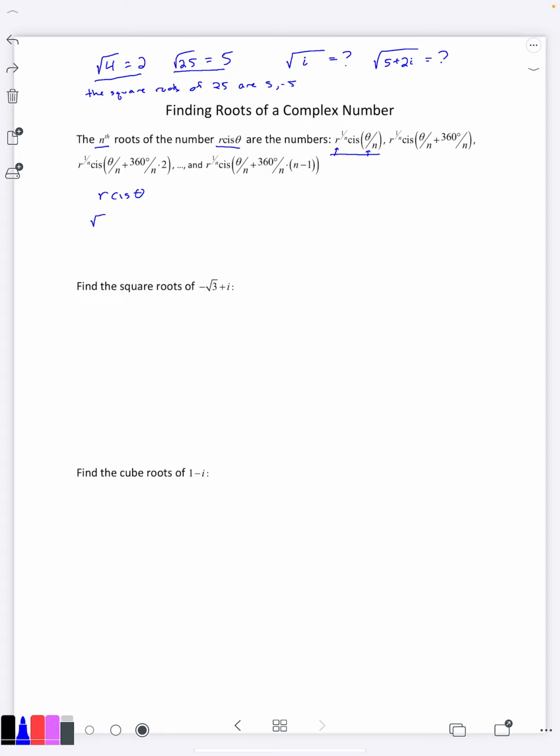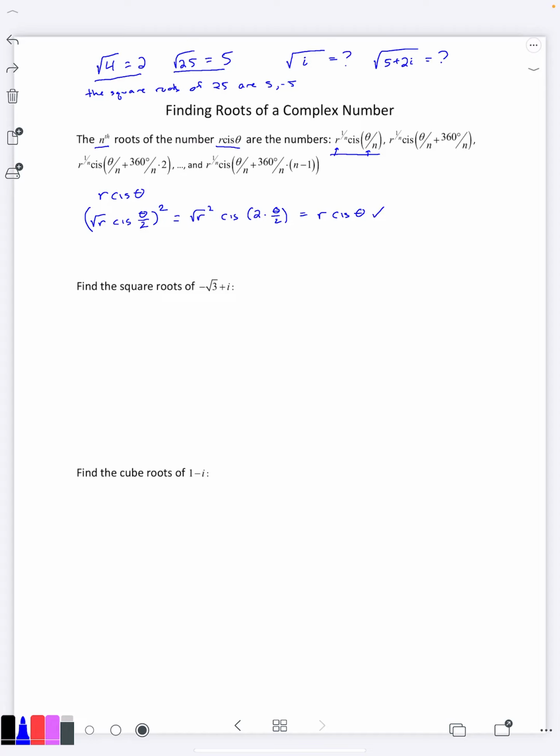Well, if we take the square root of the front number and divide the angle by 2, and we want to square that answer, we know from the previous video on De Moivre's theorem that you would square the front number, so the square root of r squared, and then you would double the angle inside. The square root of r squared is r, and 2 times theta over 2 is theta, and so we do in fact get back the answer we want, so that's a perfectly good square root.